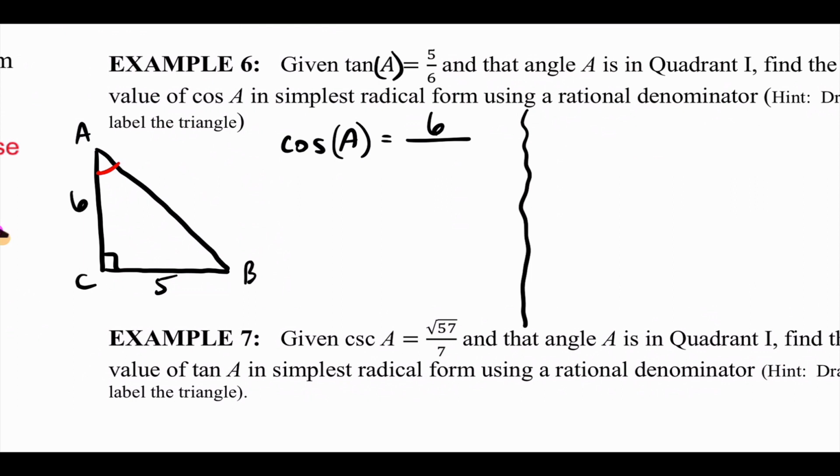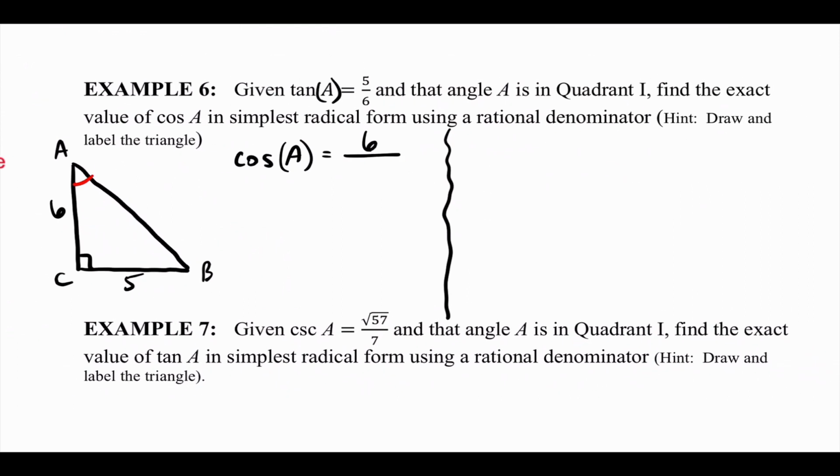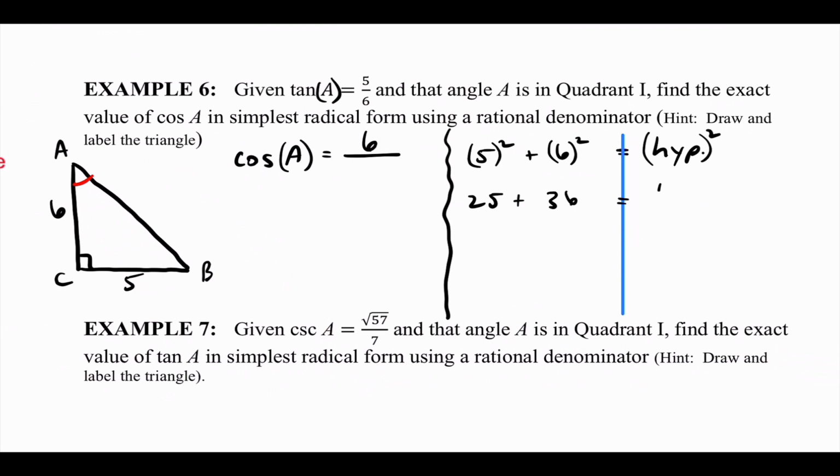Okay. So I know this guy is 5 squared plus 6 squared, because those are both legs. 25 plus 36 equals hypotenuse squared. 25 plus 36 is going to be 61.